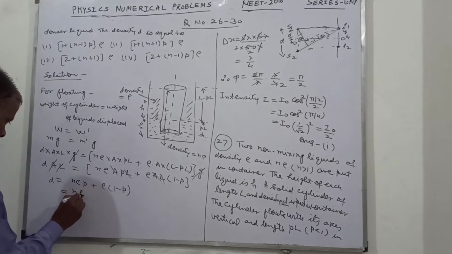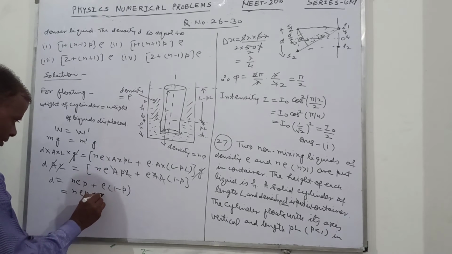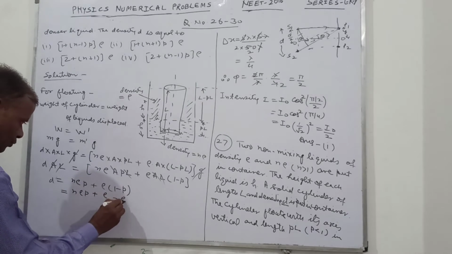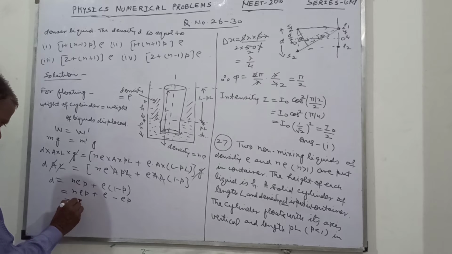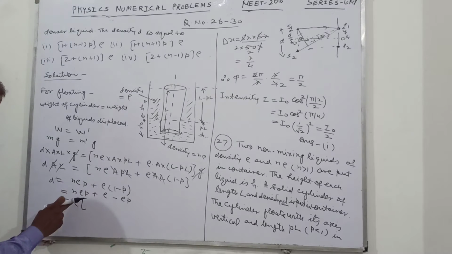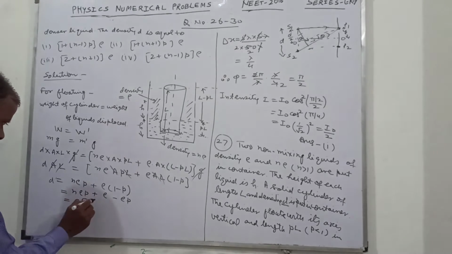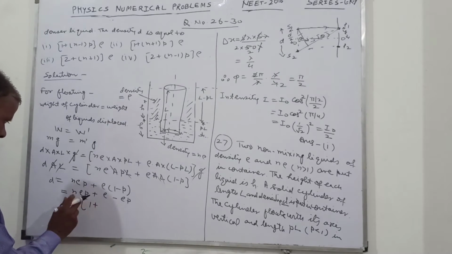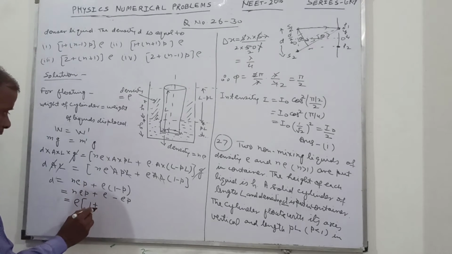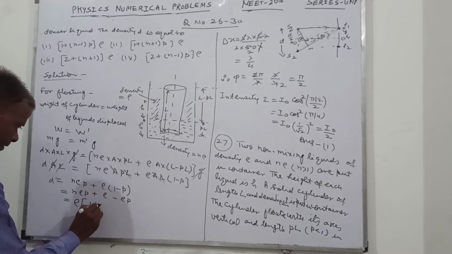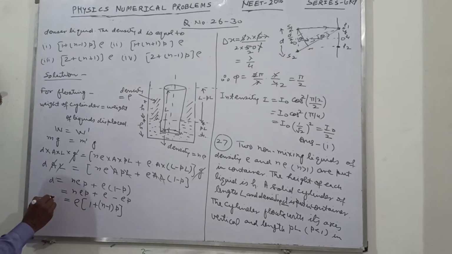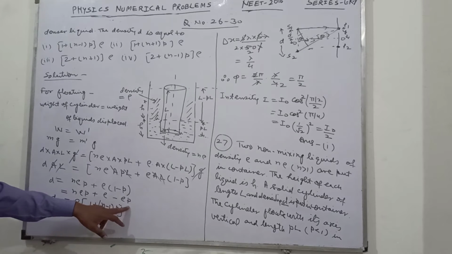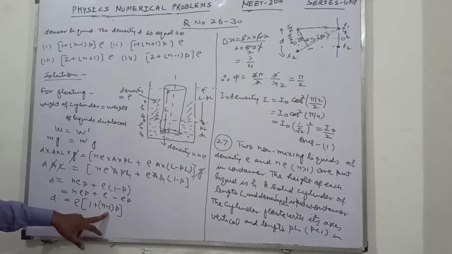This is N rho P plus, this is now rho minus rho into P. So this is rho into P, you take common from here, and rho is also common from all. So we are getting 1 plus, this is now P minus 1, this is N minus 1 into P. The rho and P you take common, so this is now N minus 1.